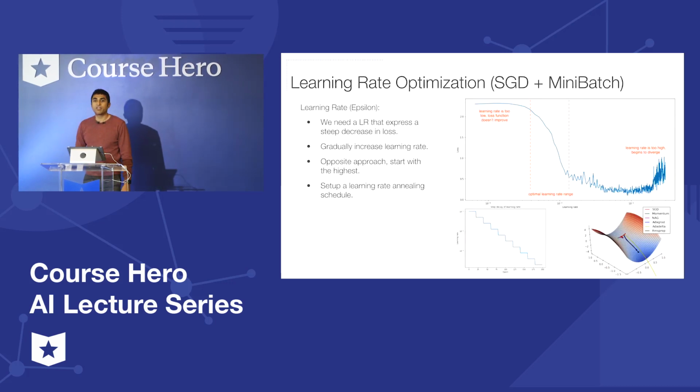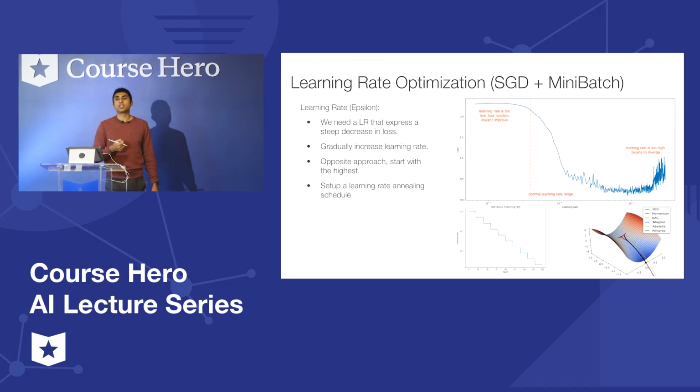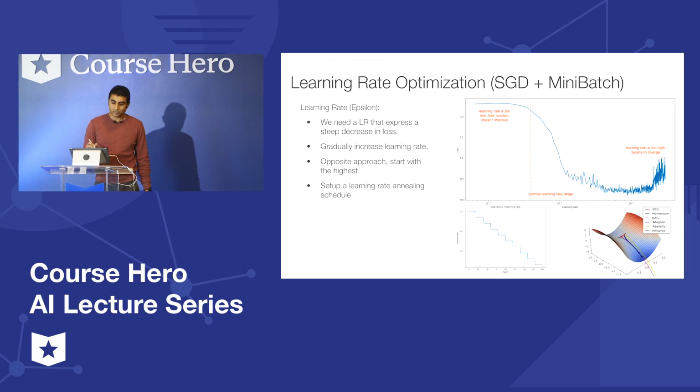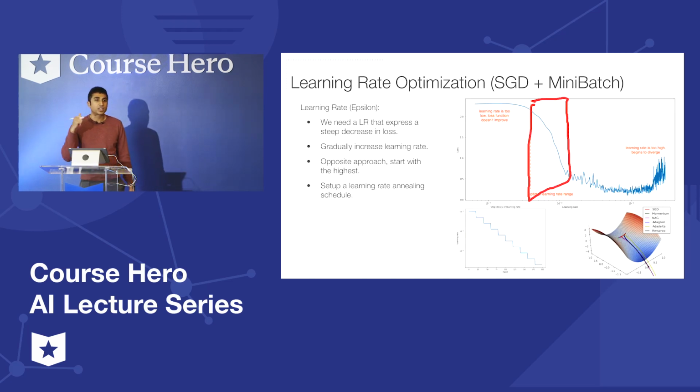The learning rate by itself, how much do you have to set? What should be the value of epsilon and alpha? You can actually train and observe what happens to the error by changing the learning rates, if you notice over here, and figure out what should be the optimal learning rate. What you need is that the learning rate should express the steepest decrease in your loss.